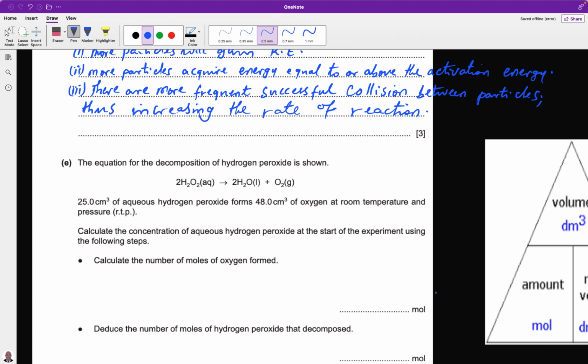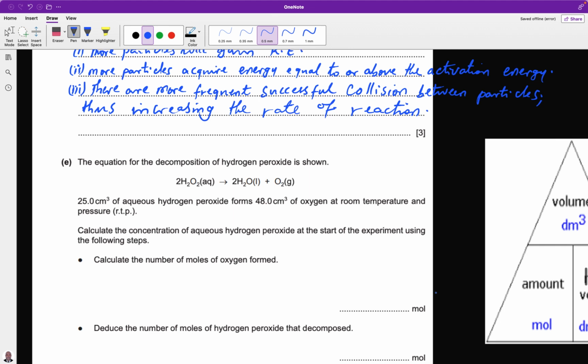Calculate the concentration of aqueous hydrogen peroxide at the start of the experiment using the following steps.